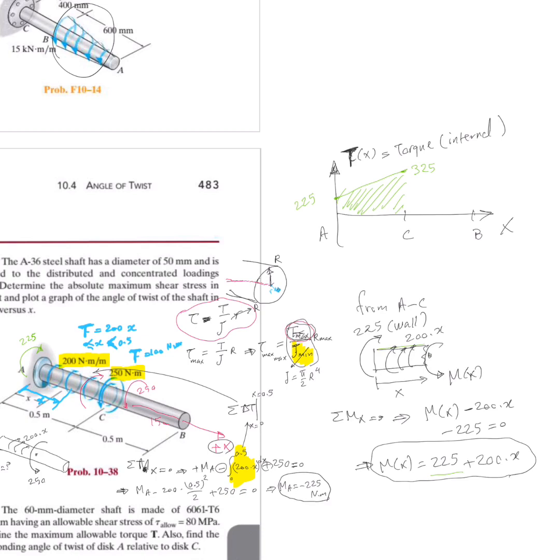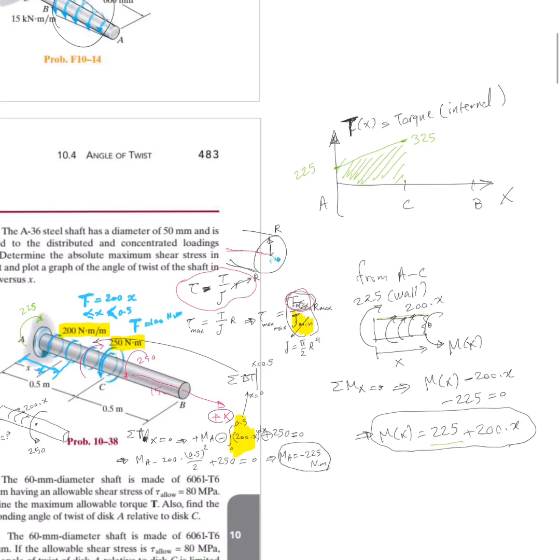Now I'm gonna go and cut it from point C to B. I can take either from the right or from the left. So if I take it from the left, my system is going to be like this.